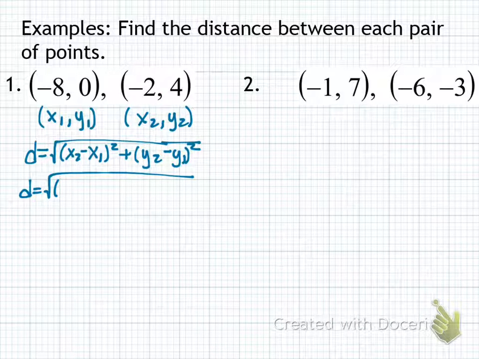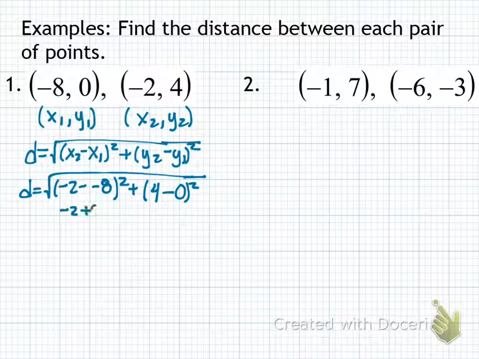Now I'm just plugging in: x2 is -2, x1 is -8, that's squared. y2 is 4, and then I have minus, and y1 is 0, squared. -2 minus -8 is really just -2 plus 8.